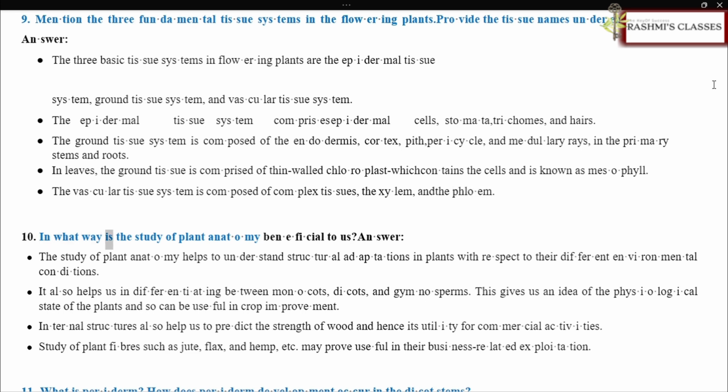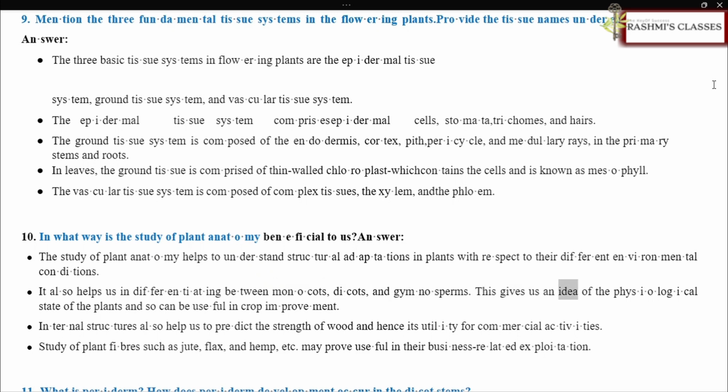In what way is the study of plant anatomy beneficial to us? Answer. The study of plant anatomy helps to understand structural adaptations in plants with respect to their different environmental conditions. It also helps us in differentiating between monocots, dicots, and gymnosperms.